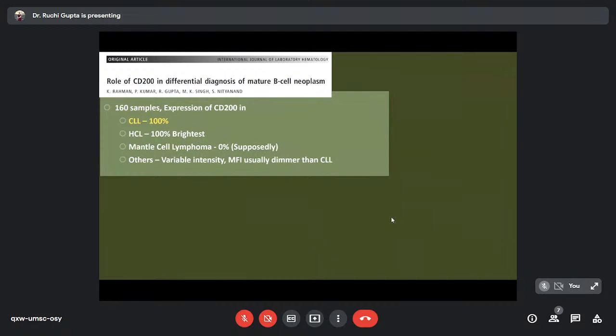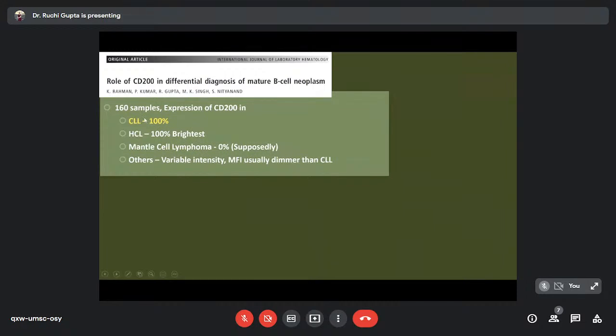Even hairy cell leukemia, 100% cases showed CD200, but the mean fluorescence intensity of CD200 was brightest for hairy cell leukemia, and obviously hairy cell leukemia has its own otherwise typical immunophenotype, so it is not a trouble to differentiate CLL from hairy cell leukemia.